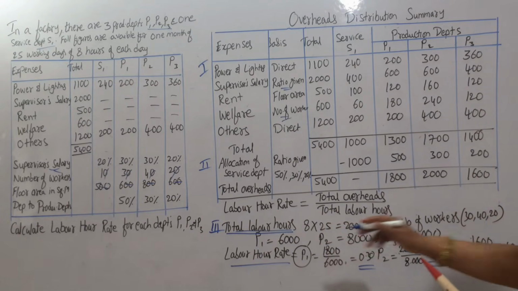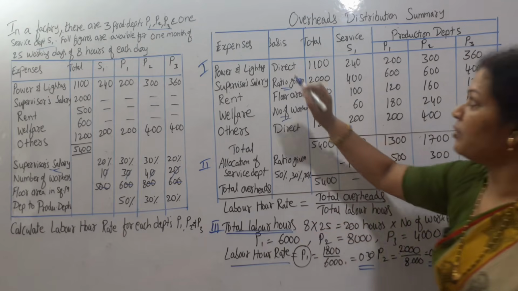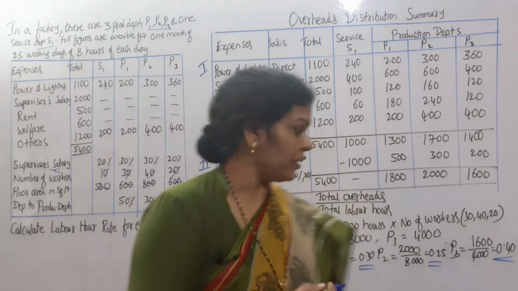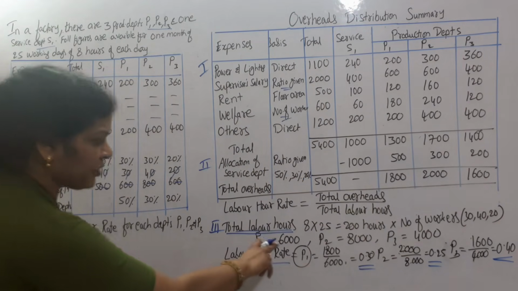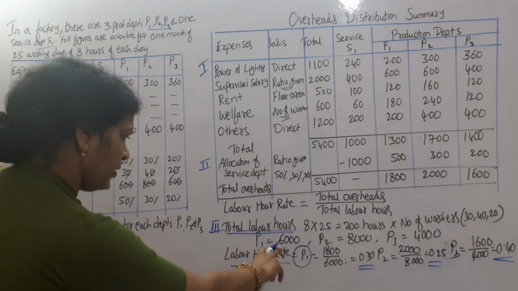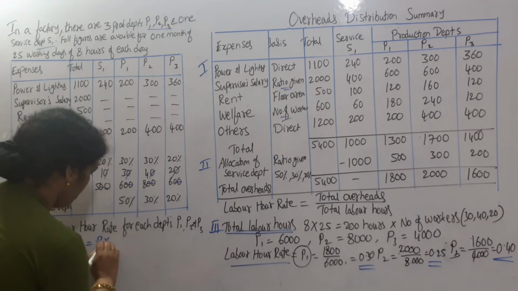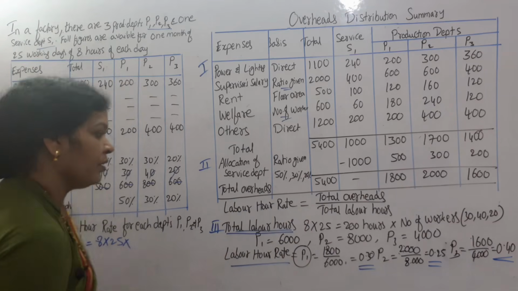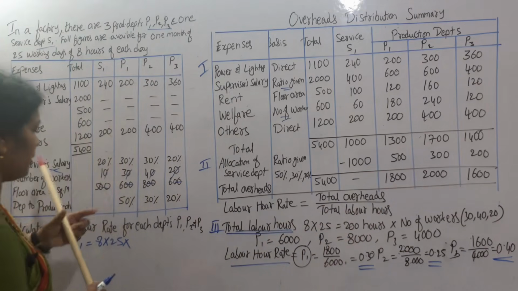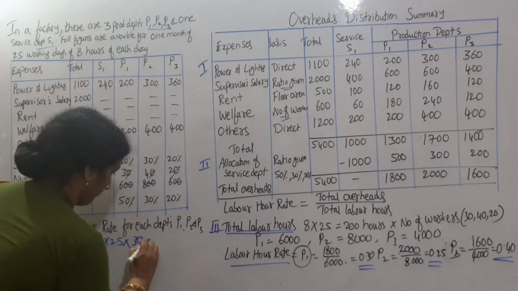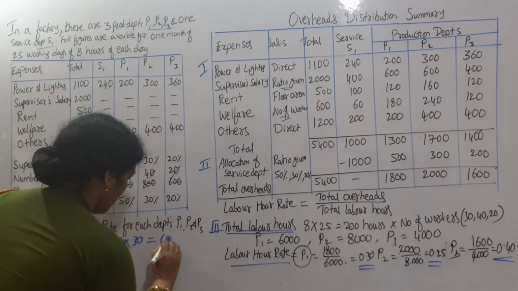To get P1, first of all what we have done: 8 into 25 into number of workers for P1, here 30. If you calculate it, you get P1 6000.